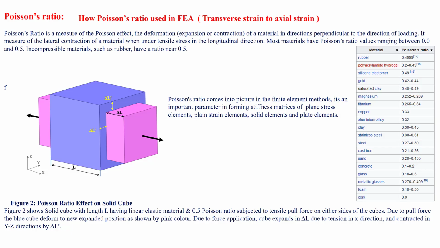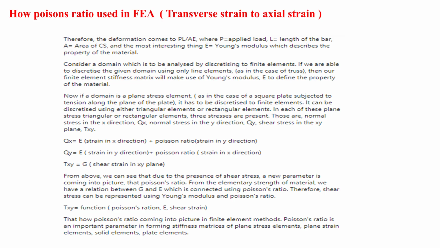When it comes to basics, I would like to explain in a better manner. If you consider the same bar example, the formula becomes PL by AE, where P is the applied load, L is the length of the bar, and A is the area of the cross section. The most interesting thing is Young's modulus, which describes the property of the material. With respect to material properties, Young's modulus is taken into account.